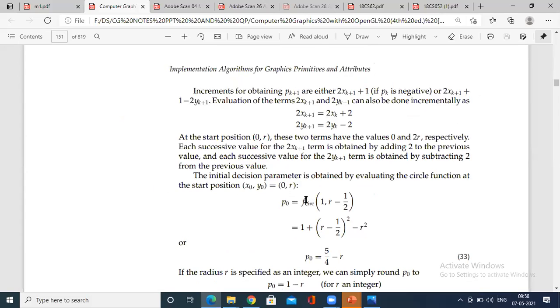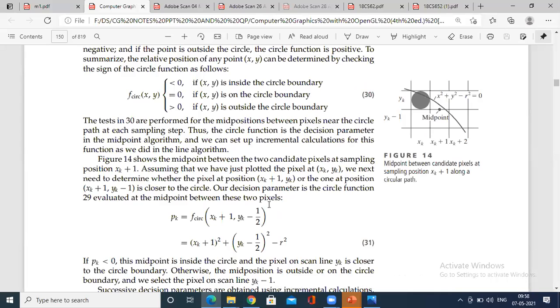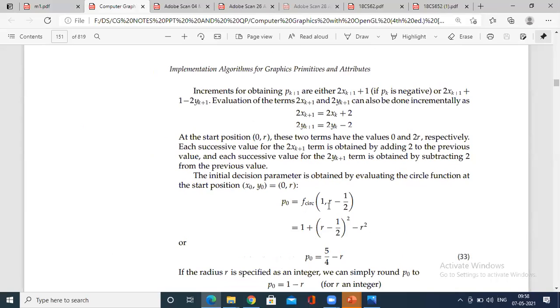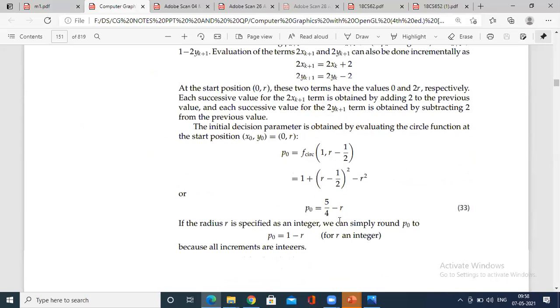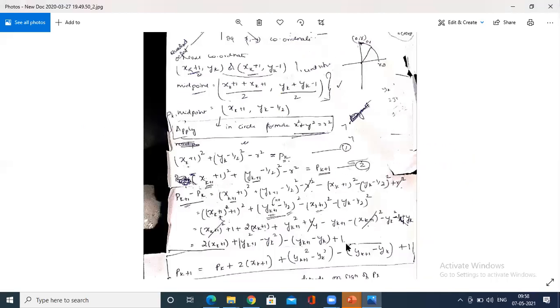See, what is the formula for P0? The formula for the initial yk minus half the whole square. What is yk over here? yk is r minus half the whole square minus r square. So resolving this, the approximate value is 5 by 4 minus r. So overall the same thing, the derivation we have done in this sheet, all of you.